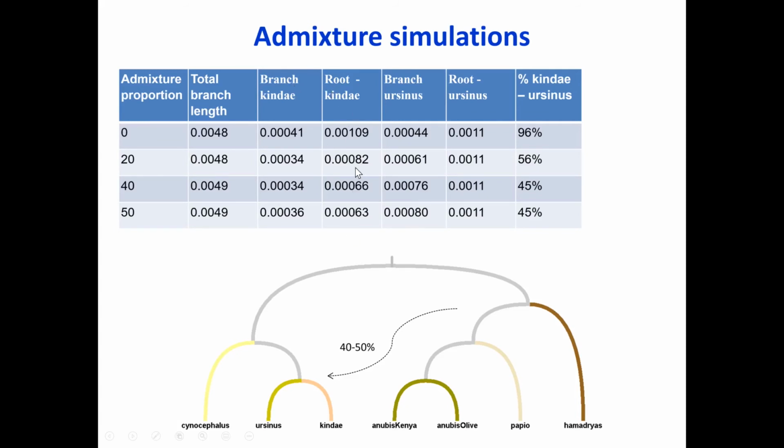That one is getting shorter, and it's something you have to consider if you do this analysis and you think about gene flow. But it kind of makes sense, because if you think of branch length as genetic distance, and you now have this strong admixture coming from the other clade, it probably makes sense that this branch is getting shorter. It's obviously also reflecting that you have all this shared polymorphism because of the admixture between the Kinde branch and the northern clade.